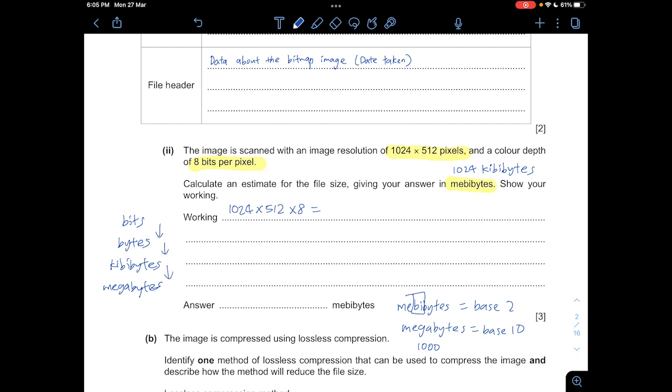So here, I'm going to calculate 1024 times 512. Now, that would be... okay.